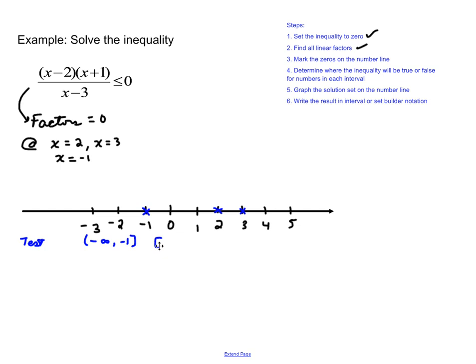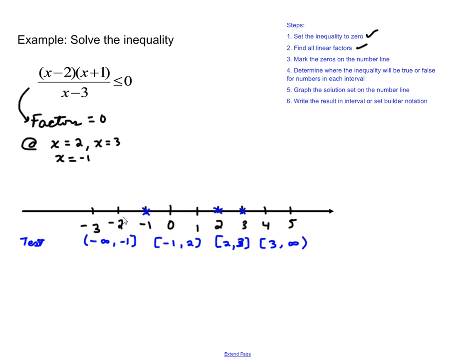We're going to see if the set from -1 up to 2 is possibly part of the solution set. We're going to see if the solution set involves the numbers between 2 and 3, up to and including 3. And we're going to see if the set from 3 to infinity will satisfy this inequality. So we should choose some test values from within each of these intervals.